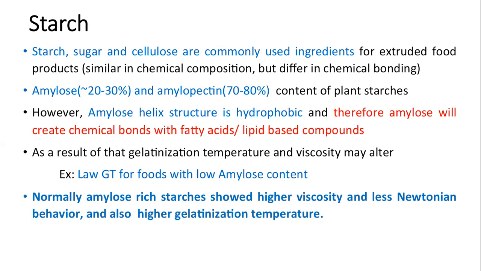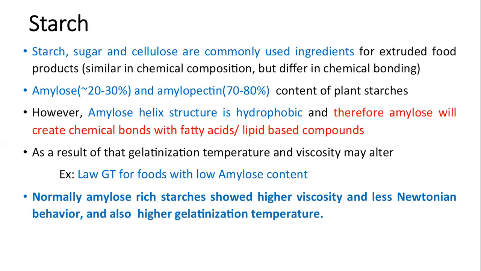But because of the structure of amylose, it is hydrophobic. It means amylose doesn't like to absorb water, but it will create bonds with fatty acids and lipids. So if we have more amylose in our raw materials, it is very difficult to absorb water, and so gelatinization is affected.